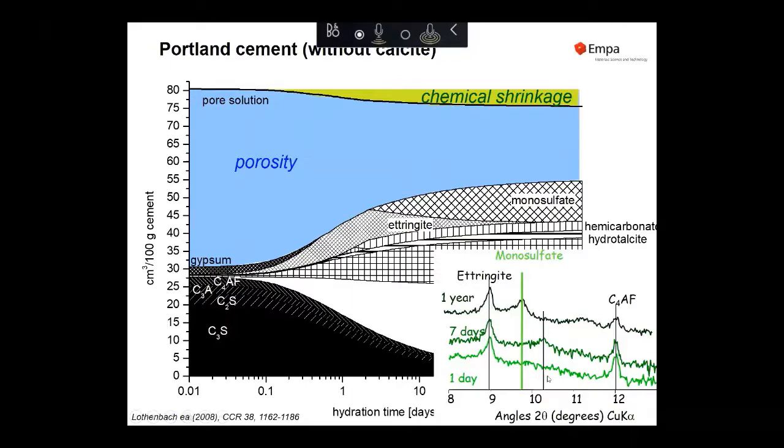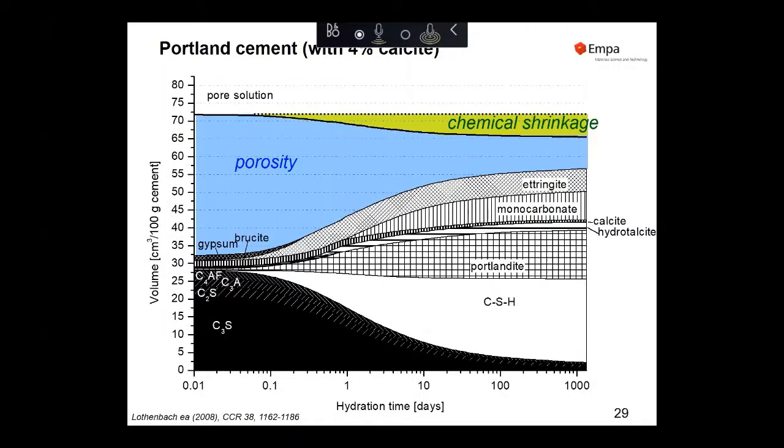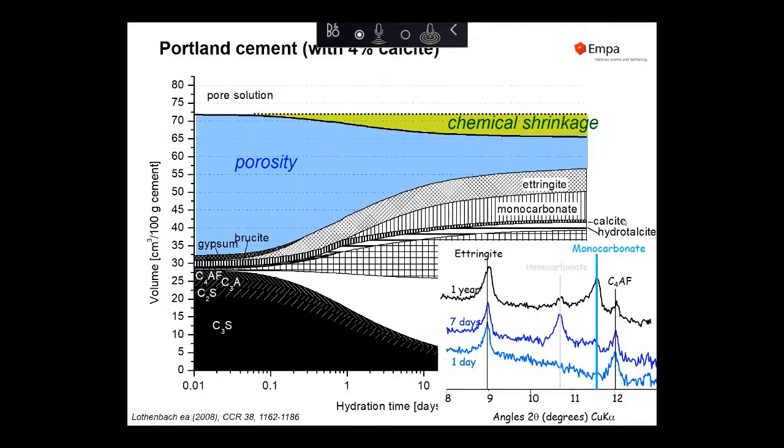And in fact, we see at longer times ettringite and monosulfate both present. If we do the same set of calculations for Portland cement which contains some calcite, we predict in this case the formation of ettringite and monocarbonate instead of monosulfate. And in fact, again, that's what we can see by our XRD analysis.